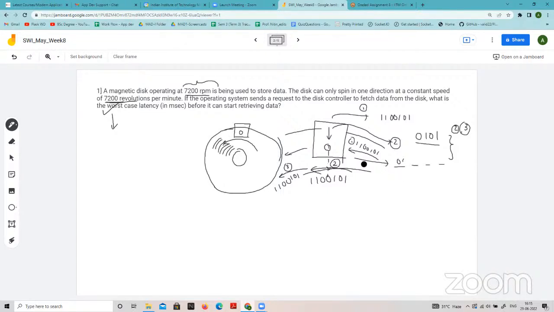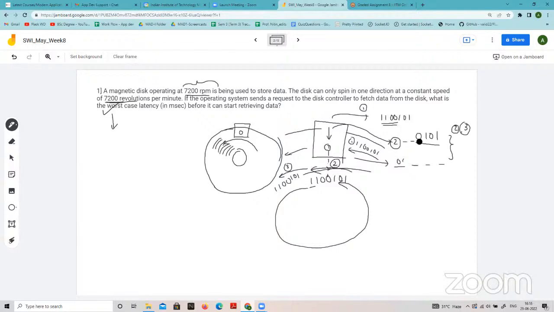So in either of these cases, 2 and 3, even if a single bit has passed the lens, the actual data will start getting read only after the disk takes a revolution and comes back to the lens, right? Here I know that I have missed 2 or 3 bits in case 2, and in case 3 I have missed many bits.